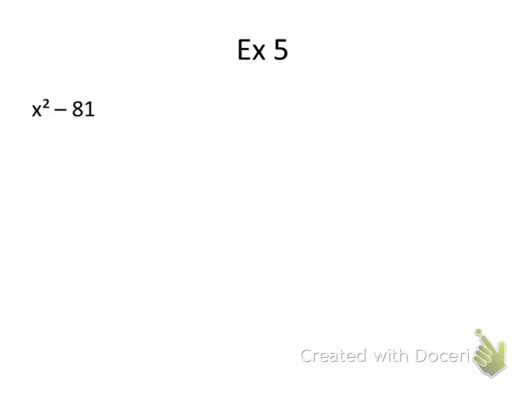All right, number 5, x squared minus 81. What times itself gives you x squared? X and X. What times itself gives you 81? 9 and 9.